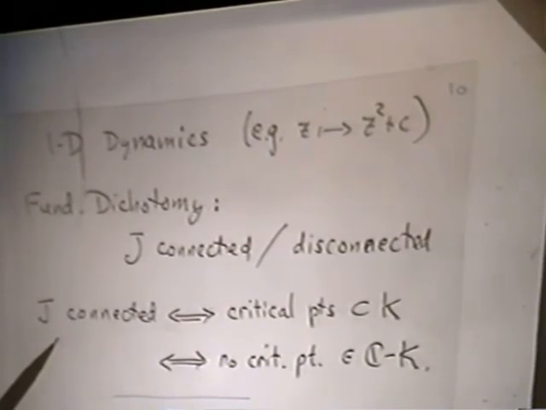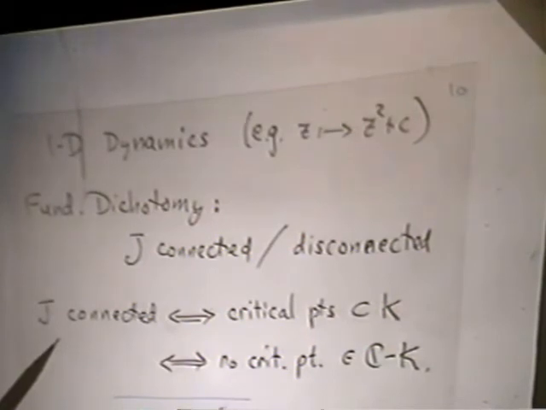And in one variable, the Julia set being connected is equivalent to the critical points all being inside of K. Also, looking at the complement of K, that is equivalent to saying there are no critical points in the complement of K. And so the plan for the next 20 minutes is to make a few remarks on what's happening here in the analogous dichotomy in 2 dimensions.